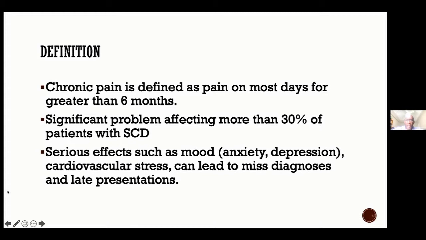You find that patients who develop chronic pain syndromes tend to have a lot of anxiety and depression associated with the whole physiologic response of having pain, such as the cardiovascular stress response. So this makes the whole entity of chronic pain more significant if there is poorly controlled acute pain.